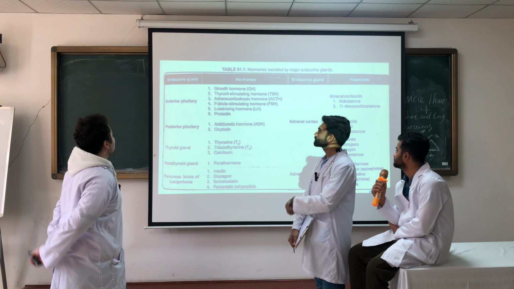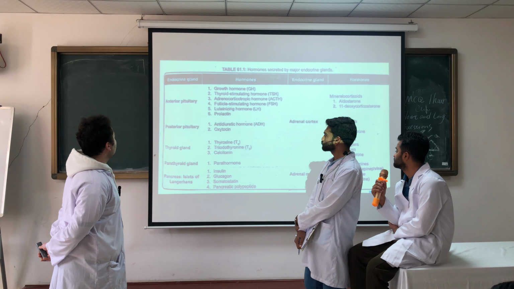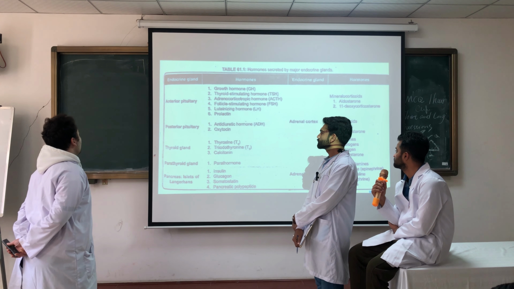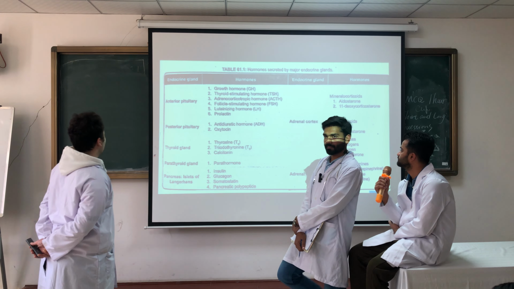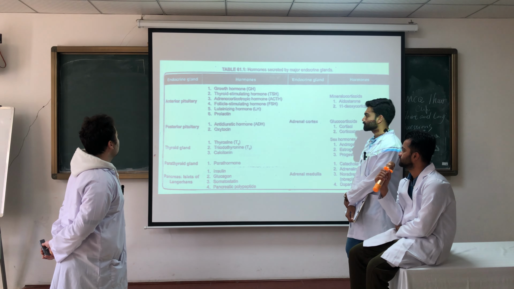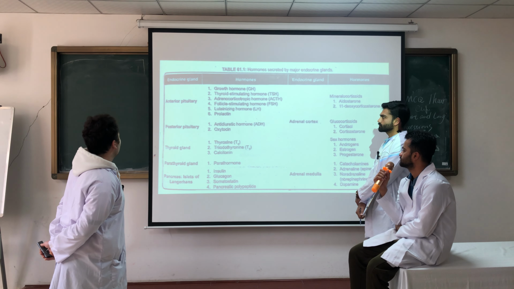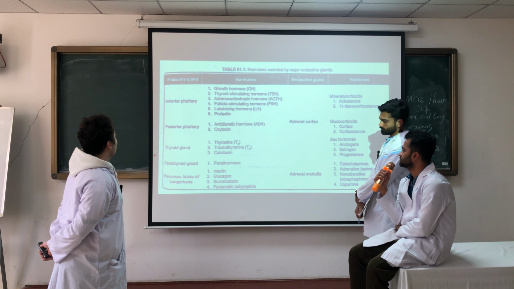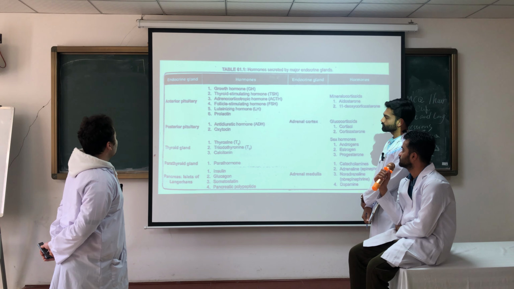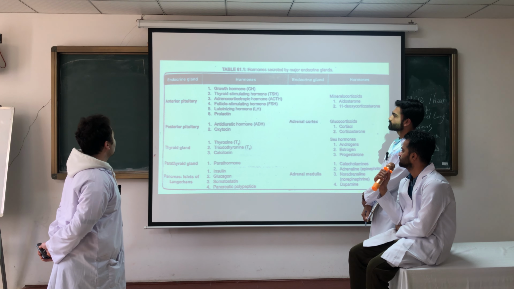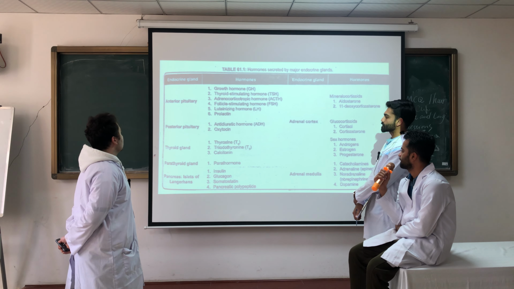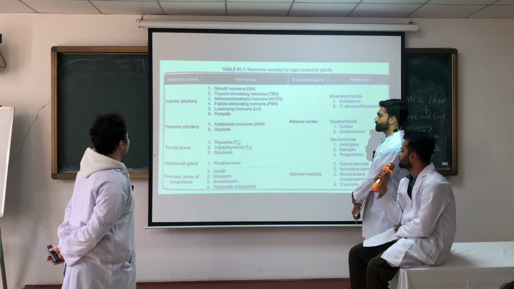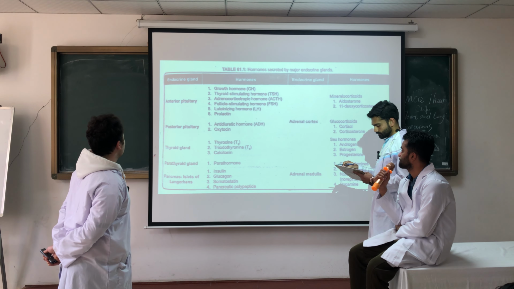These are the hormones secreted by the major endocrine glands: anterior pituitary gland, posterior pituitary gland, thyroid, parathyroid, and pancreas. Anterior pituitary gland: growth hormone, thyroid stimulating hormone, adrenocorticotropic hormone, follicle stimulating hormone.